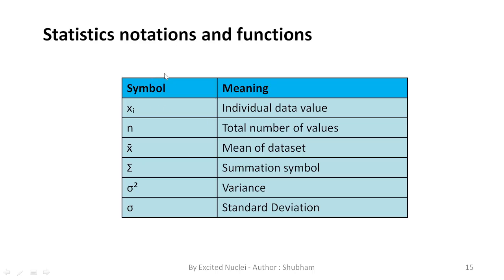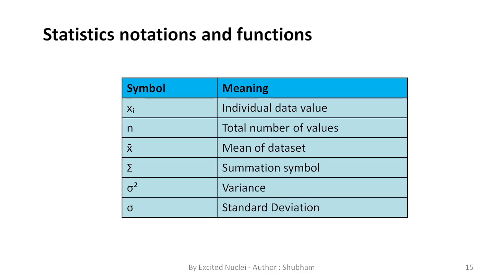As you can see in the PPT, these are the notations commonly used in statistics. xi is the symbol for an individual data value or data point. i is an iterator, or index, which represents the ith part of the whole data set. n is the total number of values, and x bar is the mean.